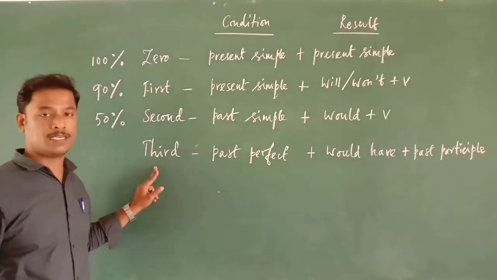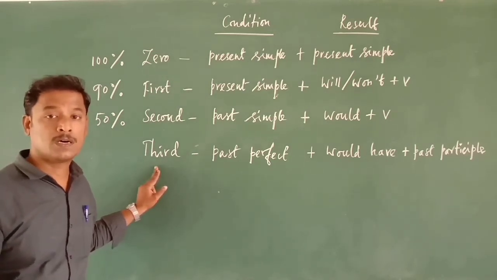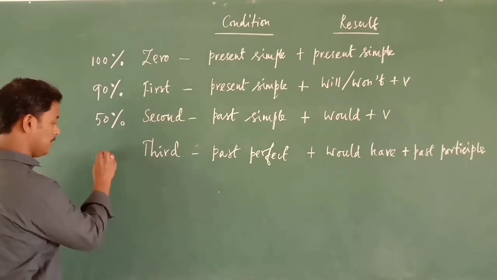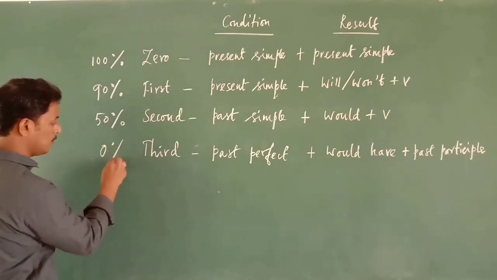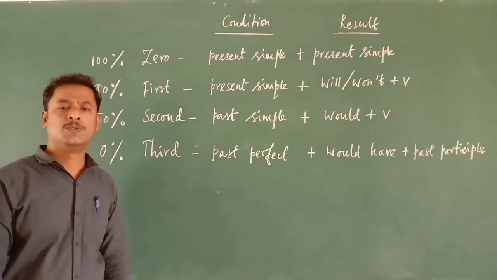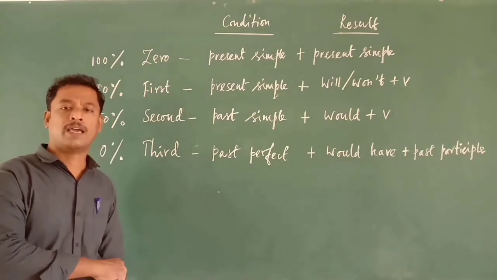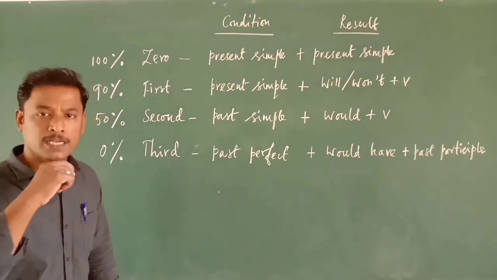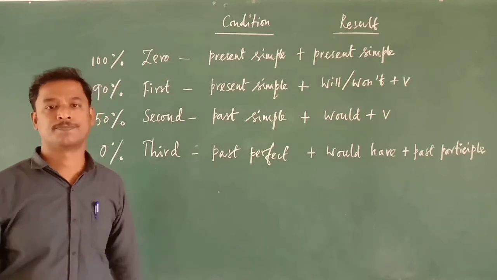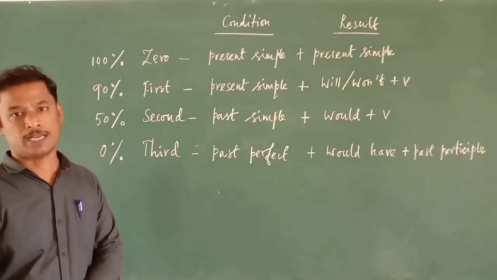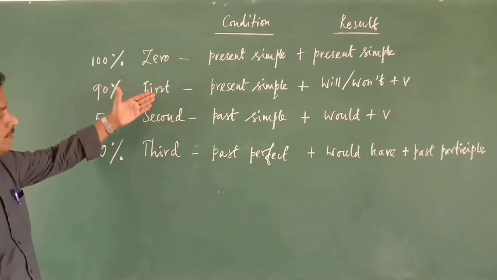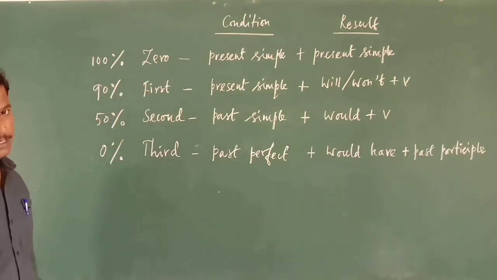So the chance of getting the result of this conditional is 0. There is no chance at all. You cannot erase the actions which happened in your past. Nobody has the ability to do this. Right. Okay, these are the four conditional classes: zero, first, second, and third conditional.